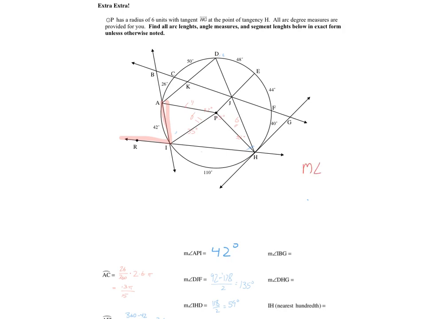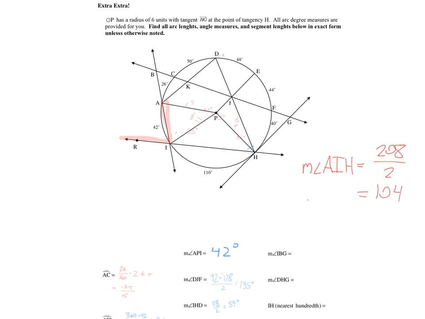So the measure of angle AIH is going to be everything but, so we have 208 divided by 2, so that's equal to 104.